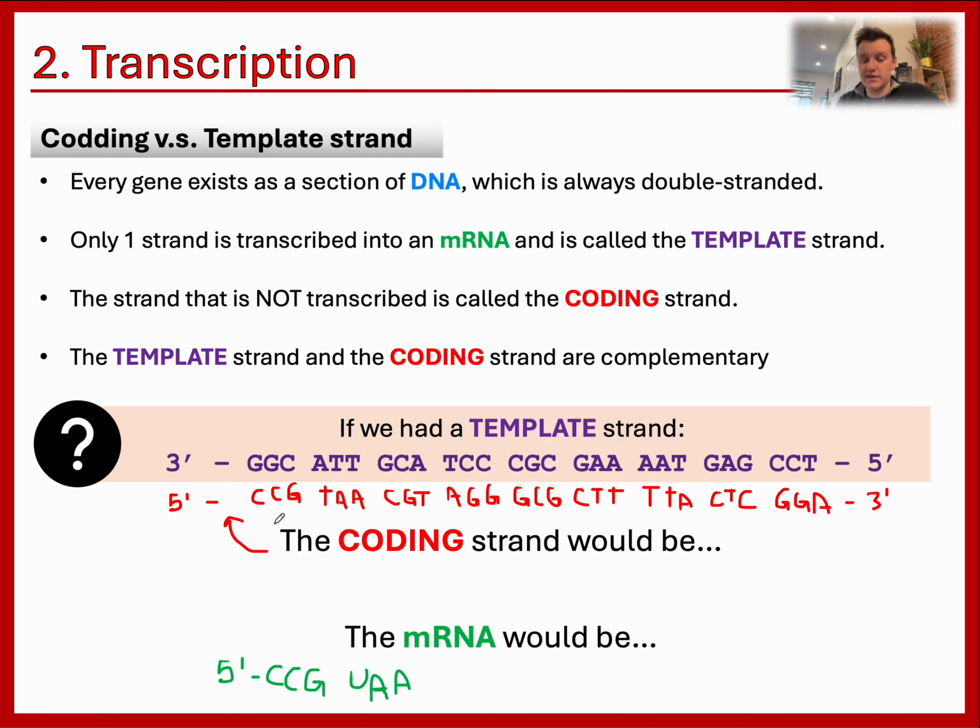Look at my coding strand, the other strand that we didn't care about. It has the same code as the mRNA, except the U. Right here, there's a T. Here, there's a U. So that's the only difference.